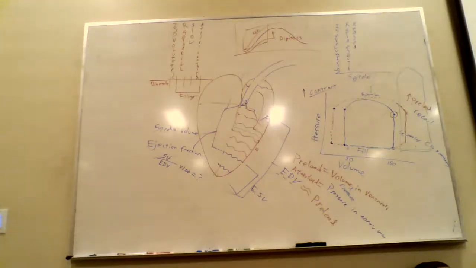I'll say that again. Which corner of the pressure volume chart represents the opening of the aortic valve? Give you a few seconds. Corner 3, so the top right corner. Closing of the aortic valve then is corner 4.